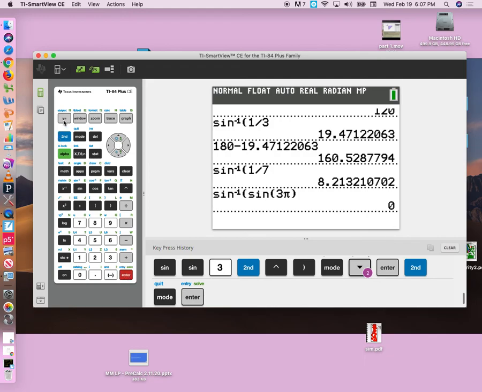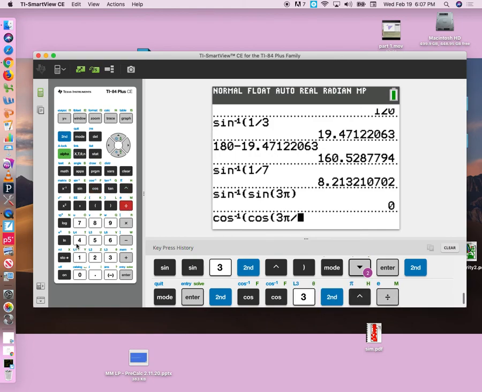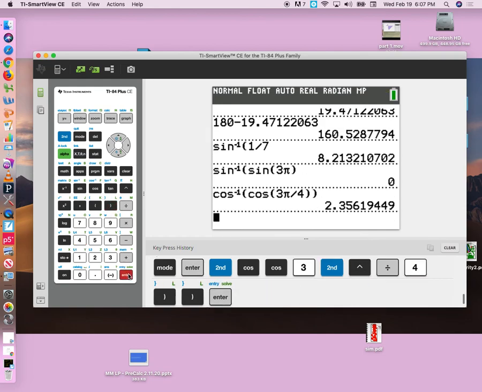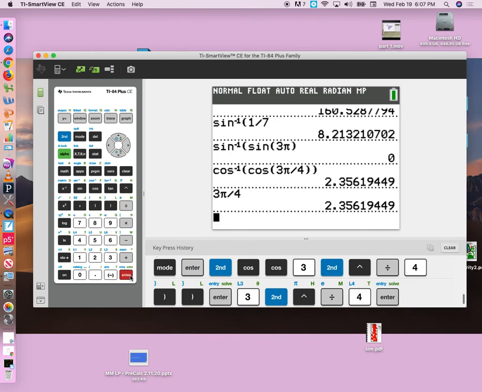So if I do something like arc cosine of the cosine of 3 pi over 4, the answer will actually be 3 pi over 4. We'll talk about why. You may not know, but that's 3 pi over 4. Let me show you. See?